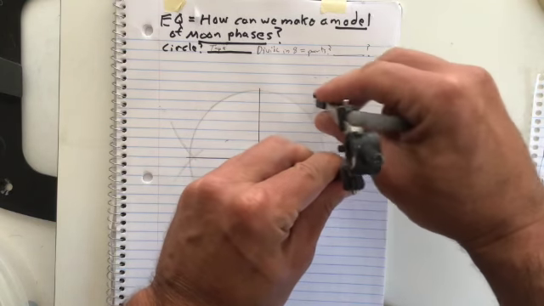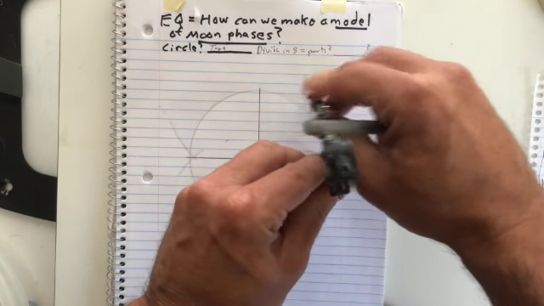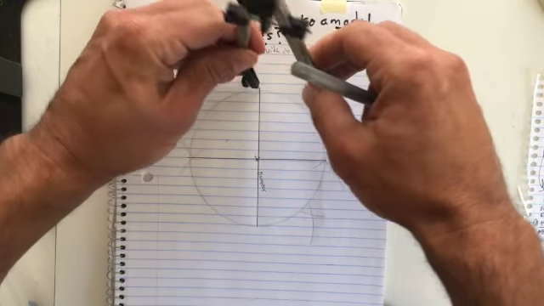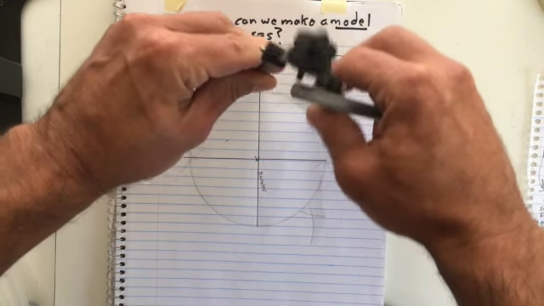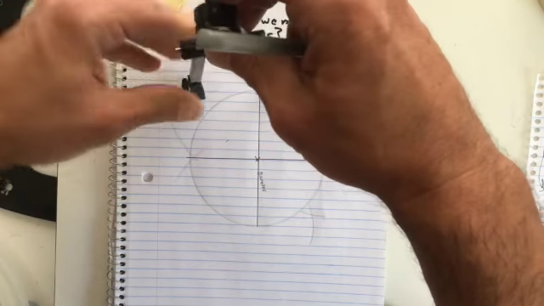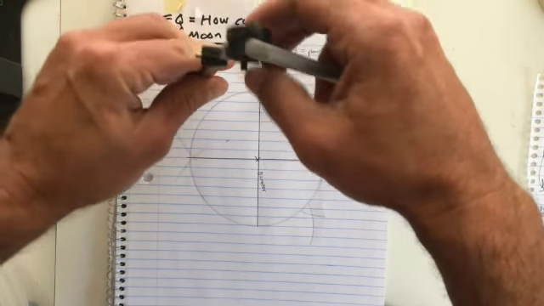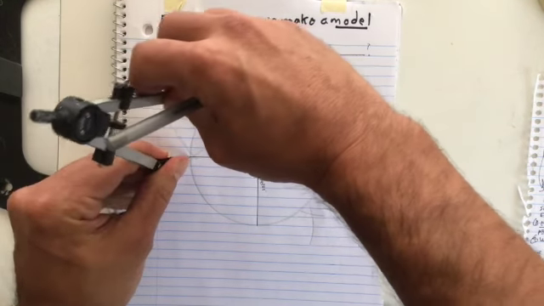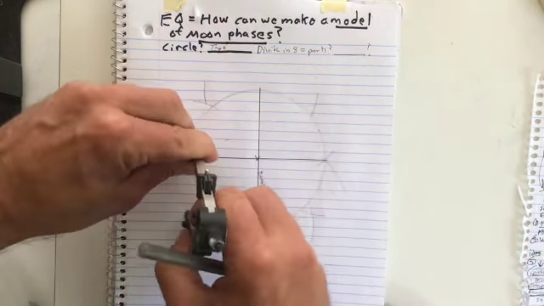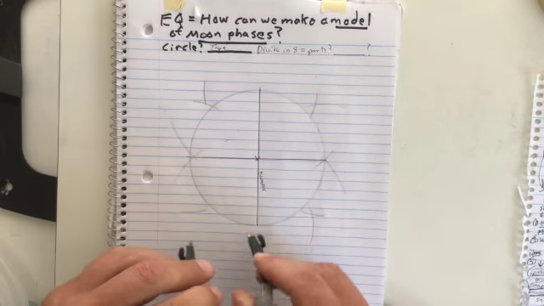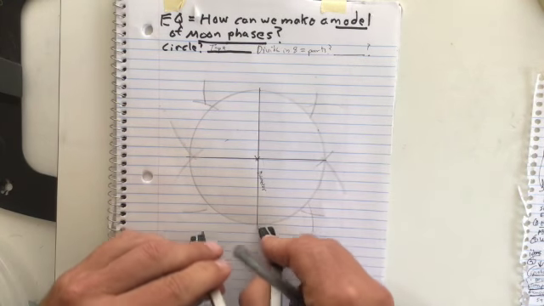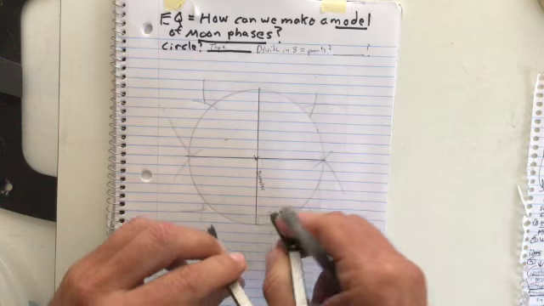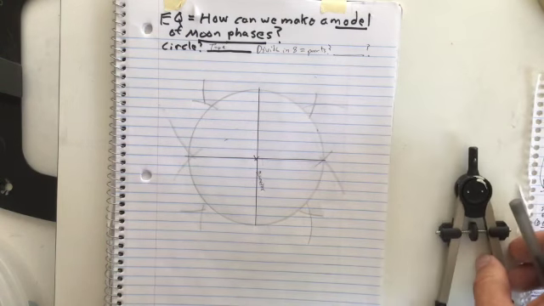Then make an arc here. You're just going to rotate around to each corner of your circle and go round about the circle. Put an arc here, an arc here, go down, arc here, arc here. And now we've made 4 more intersections.